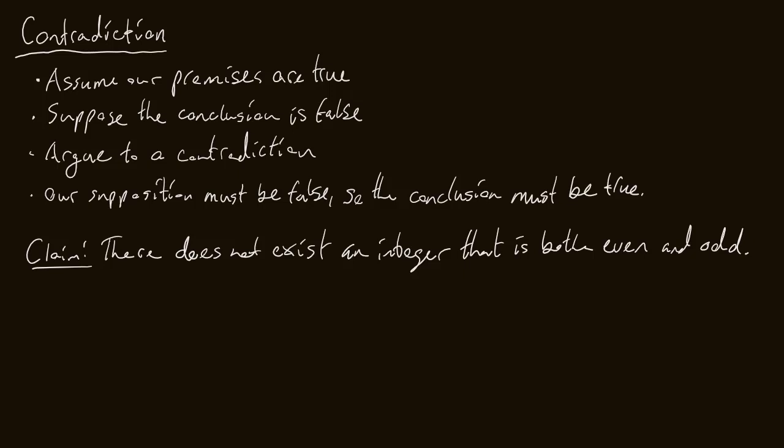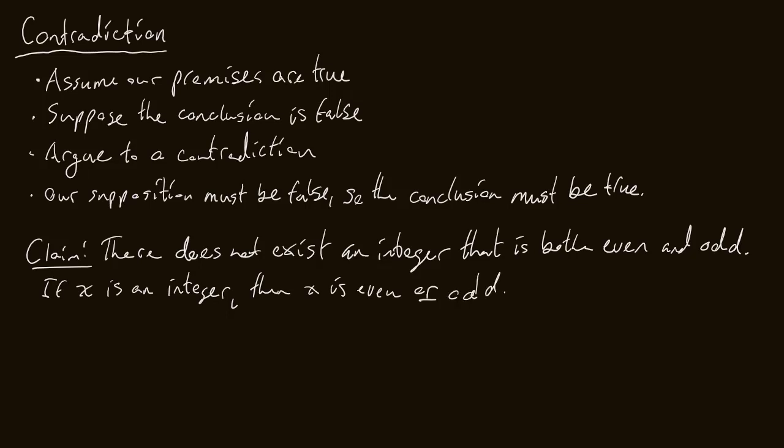It can't be both. Worded differently, this could say, if x is an integer, then x is even or odd. So let's actually write that down. If x is an integer, then x is even or odd.